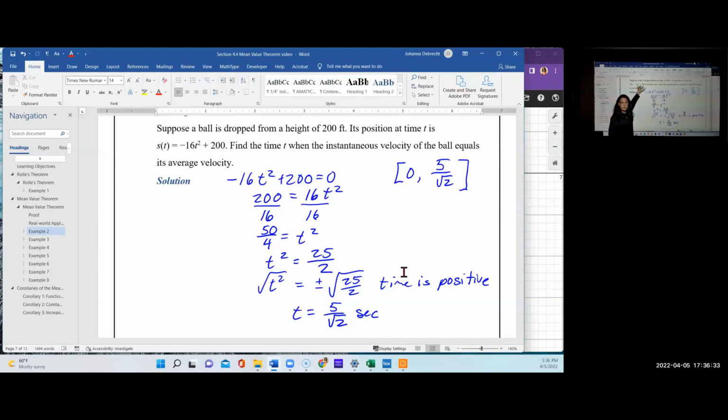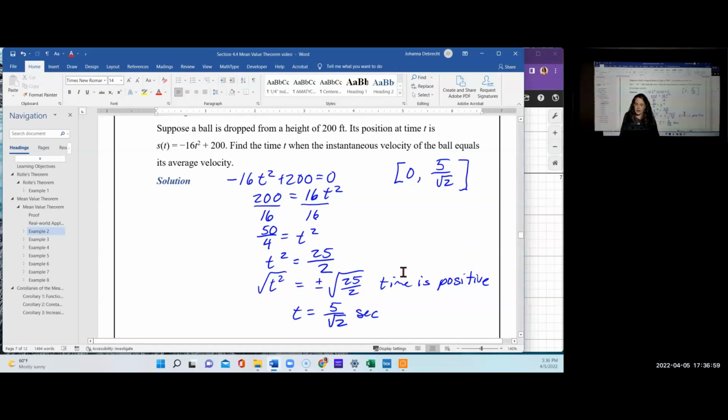Well, yes, again, it's polynomial. Polynomials are differentiable everywhere, so it's differentiable there. That is all that the mean value theorem requires. So there has to be a point C between open 0 and open 5 over the square root of 2, when it hits the ground, where the instantaneous velocity is equal to the average velocity.